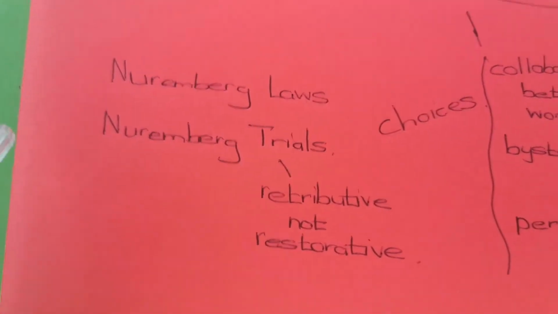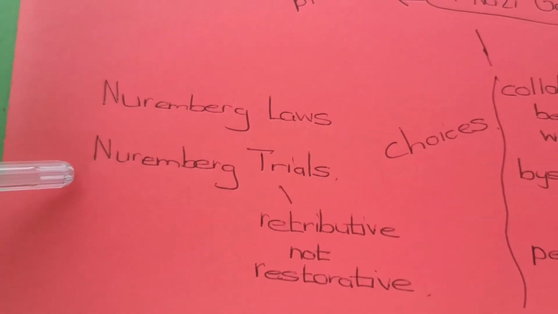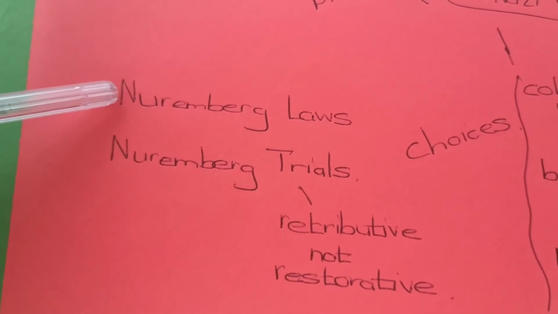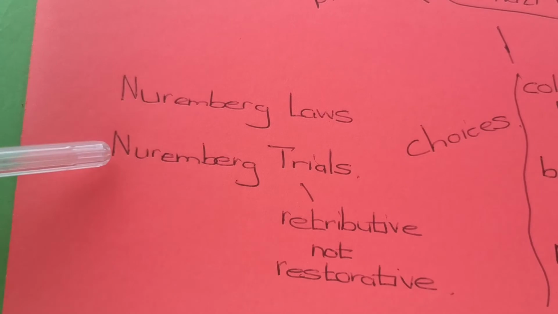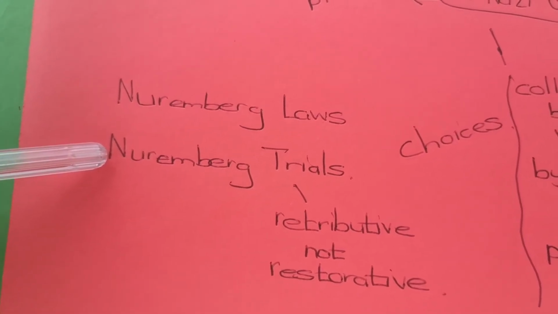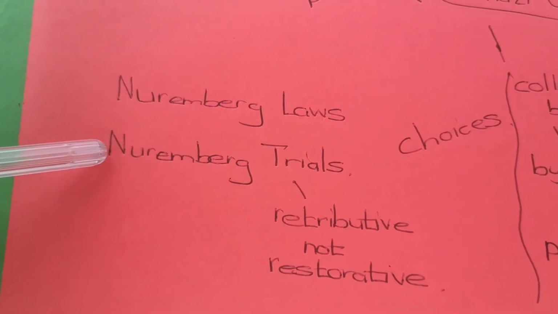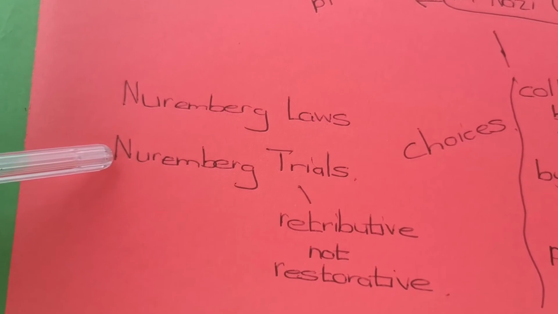Then, very important, I wanted to remind you about the difference between the Nuremberg laws and the Nuremberg trials. They're easy to confuse. The Nuremberg laws were drawn up to discriminate against Jewish people in Nazi Germany. The Nuremberg trials were held after World War II to put on trial those who were guilty of human rights abuses, your generals, your leaders of the Nazi Germany state.